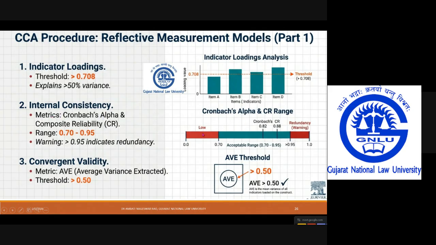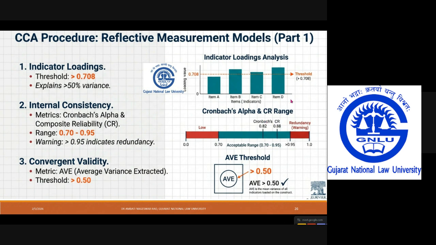As a part of the reliability test, our Cronbach alpha value should be greater than 0.70. If it is between 0.70 and 0.95, well and good. But if it is greater than 0.95, there is some problem with redundancy.